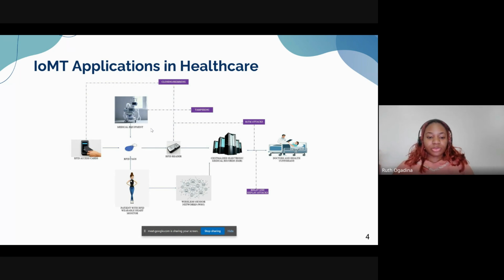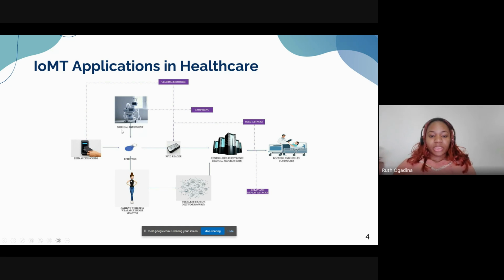For example, in the hospital, we have medical equipment that is able to transmit data, as you can see physically, straight down to the centralized electronic medical records, or the EMR systems. There's also an example of a patient that could be wearing a wearable heart monitor, or she could also have a pacemaker in her heart that is able to transmit data about her current heart rate and its current lifespan.